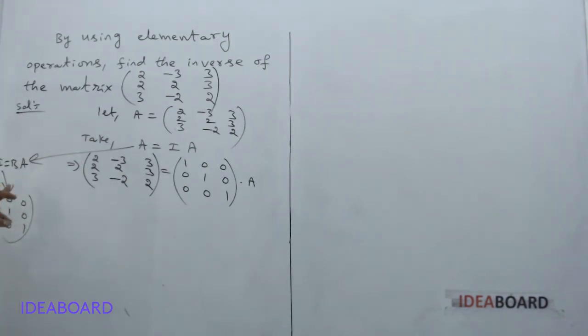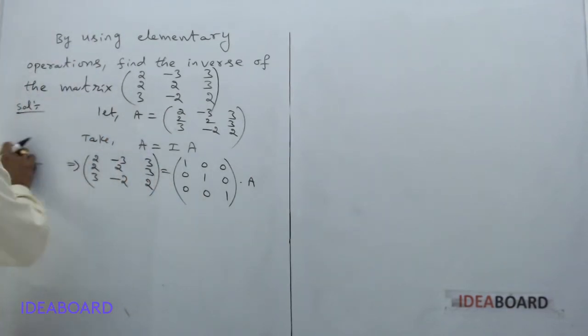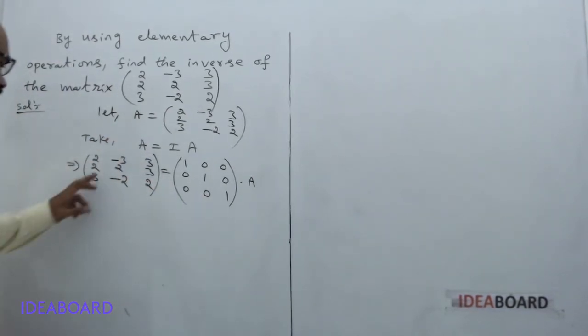So that we should convert this one in the form of identity matrix.